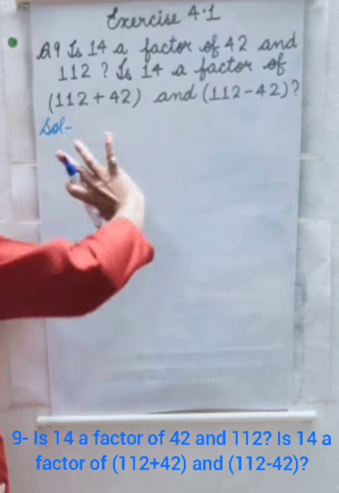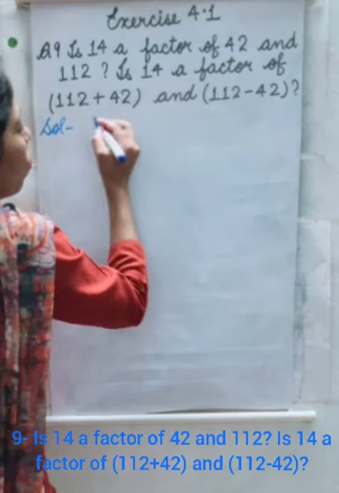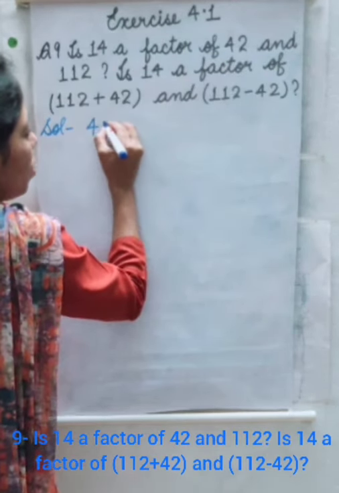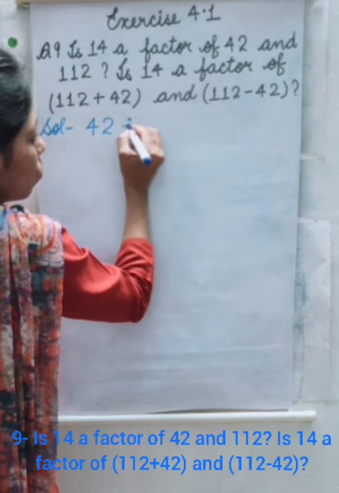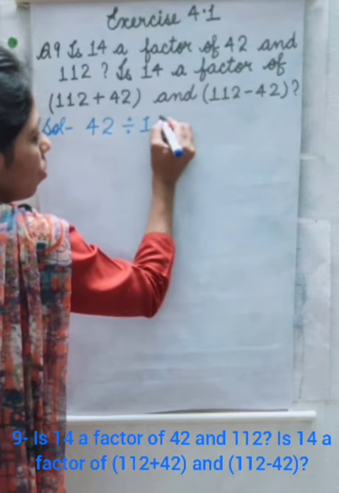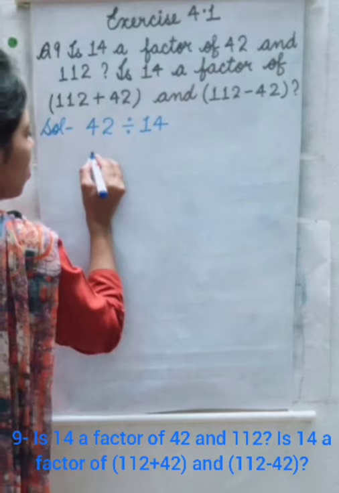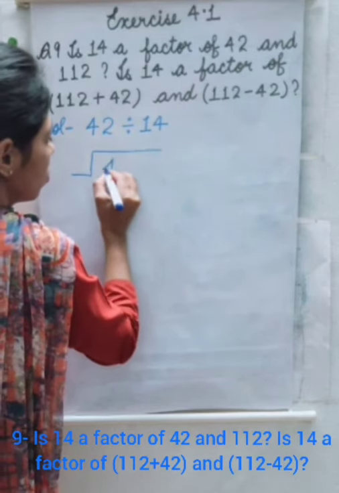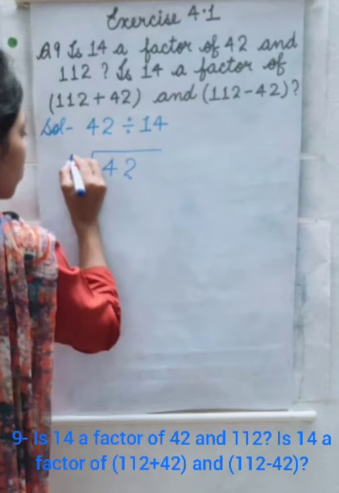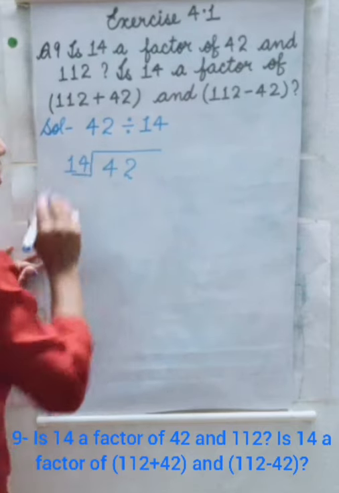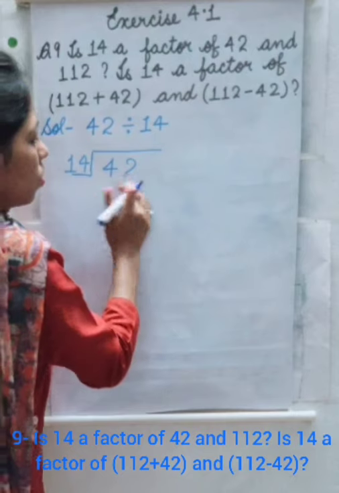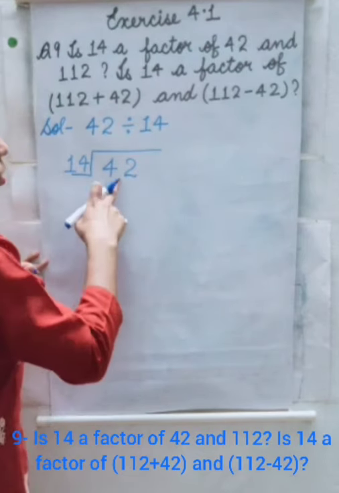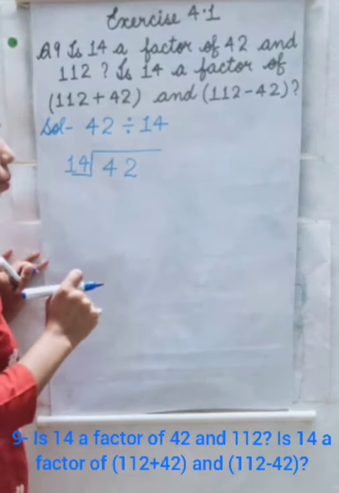So first, for finding out whether 14 is a factor of 42 or not, we will just divide 42 by 14.